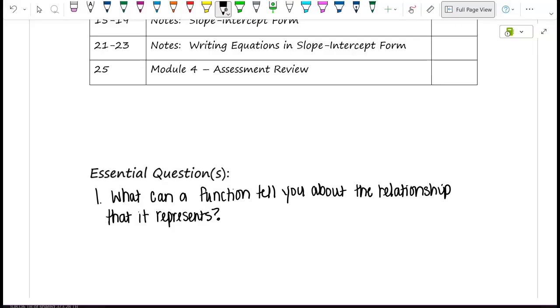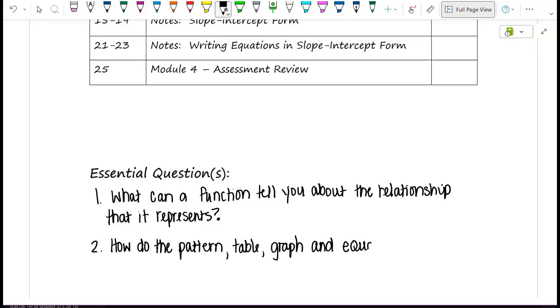And then the second question, how do the pattern, table, graph, and equation relate?